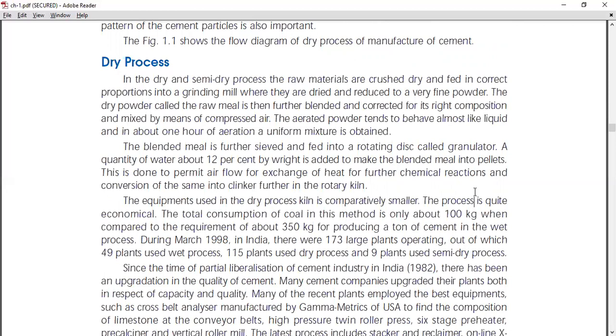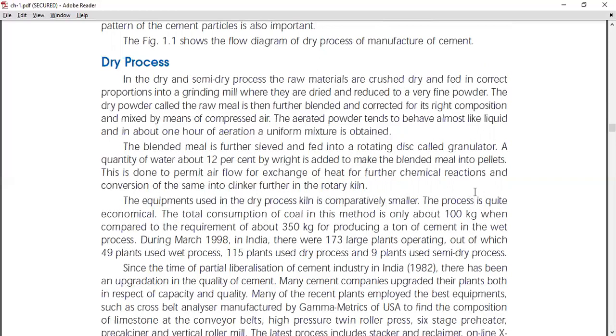The dry powder, called the raw meal, is then further blended and corrected for its right composition and mixed by means of compressed air. The aerated powder tends to behave almost like liquid, and in about 1 hour of aeration, a uniform mixture is obtained.